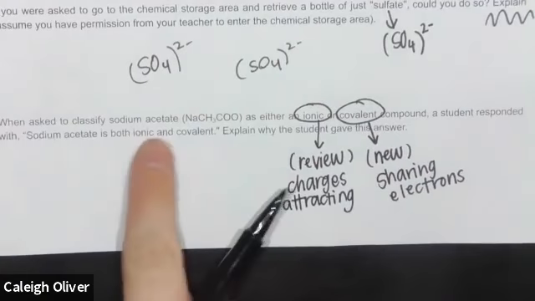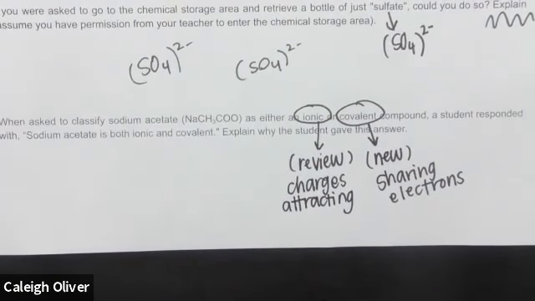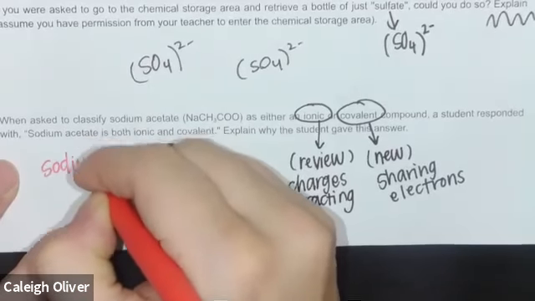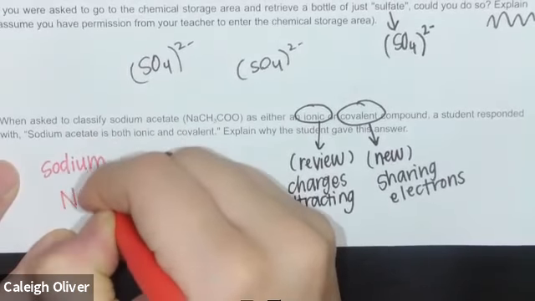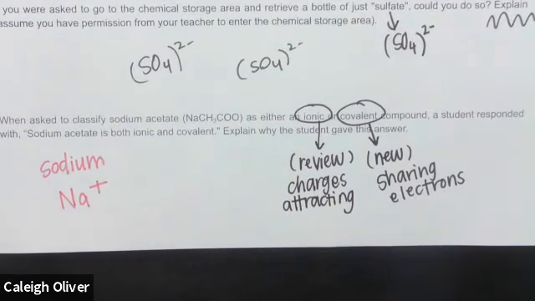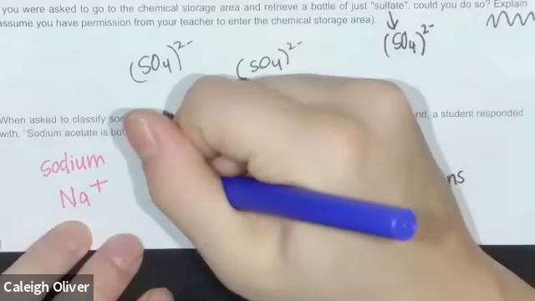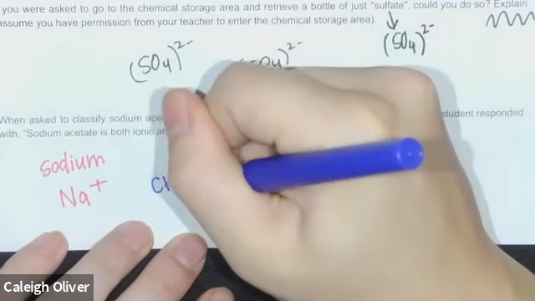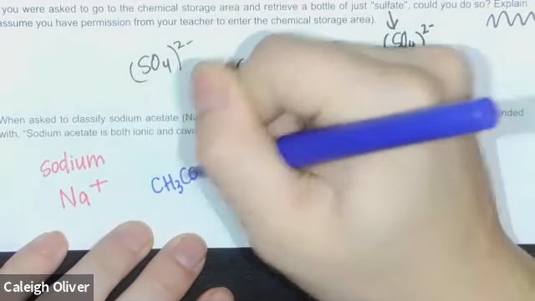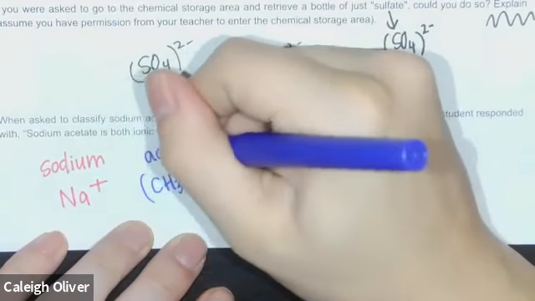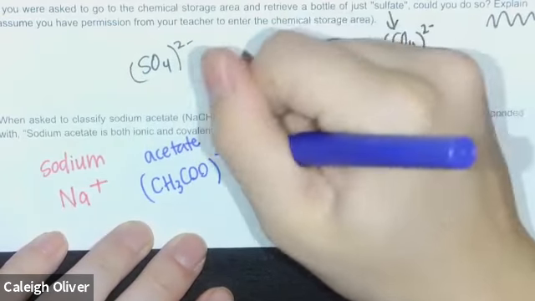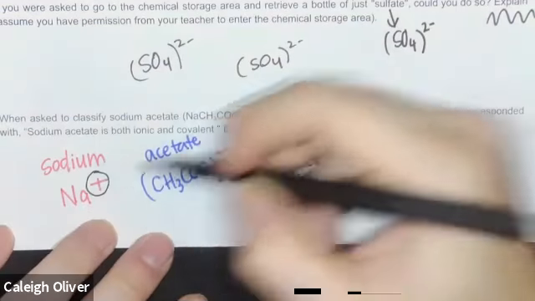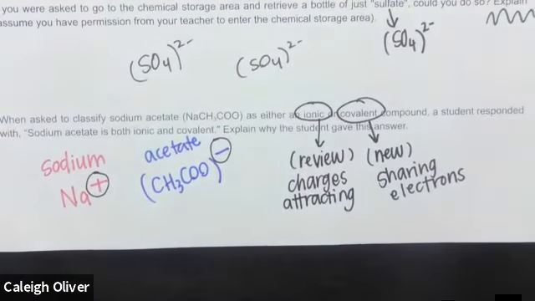So in sodium acetate, the sodium has a charge. The acetate, CH3COO, has a charge. So on the one hand, it is ionic because there are ions.